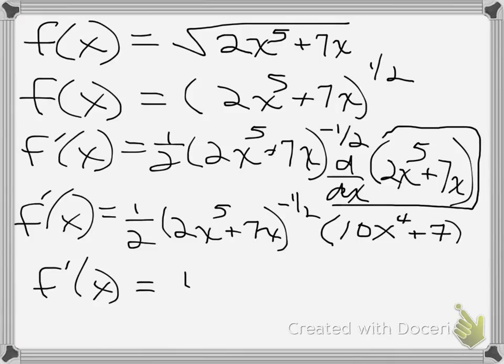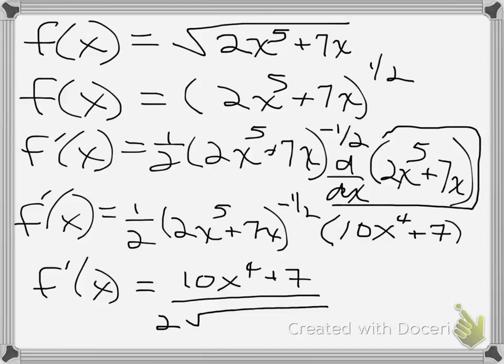So I don't really need that 1, so I'm going to make that my 10x to the 4th plus 7, and then in the denominator goes the 2 from the 1/2, and now I really could return to my radical notation, and I have 2x to the 5th plus 7x under the radical. And that is absolutely how you would see that answer in a textbook if you're checking answers in the back.